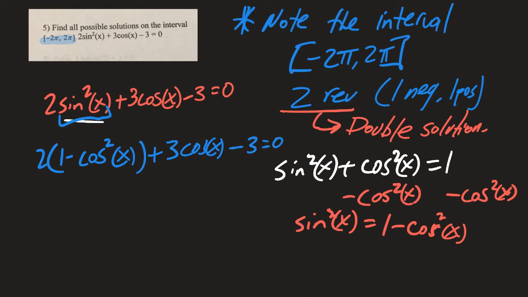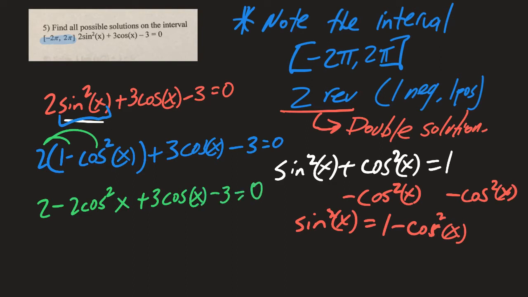And I'm going to go ahead and distribute this 2 into this. So I've got 2 minus 2 cosine squared x plus 3 cosine x minus 3 equals 0. And let's just start combining down some of our terms. I can see that this 2 and this minus 3 are going to combine.